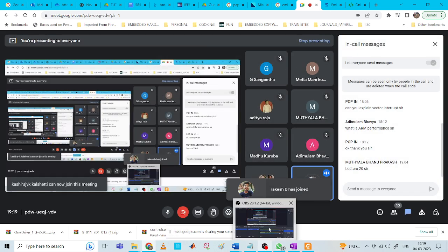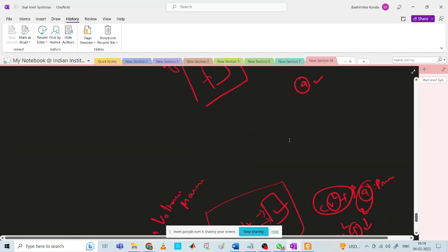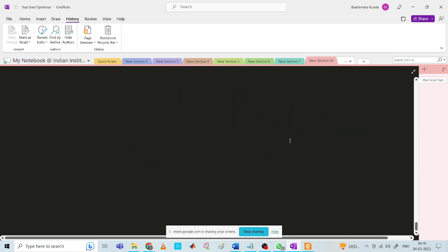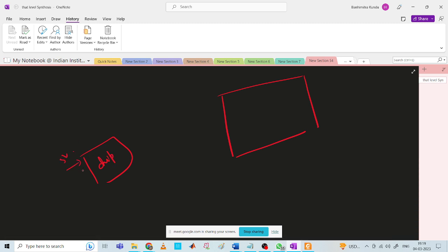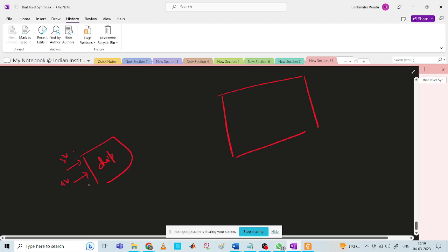So what sir is saying is, I'll put that in a different way. You have an ASIC, you have a small chip. Now this chip can run at 5 volts, this chip can run at 4 volts, and this chip can run at 2.5 volts.